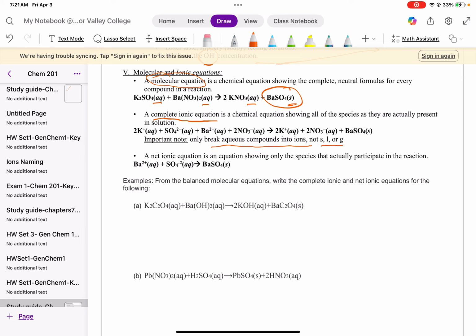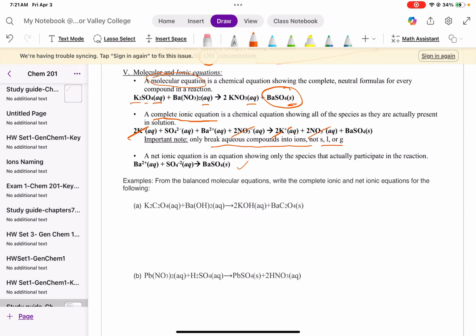So instead of writing K2, we write 2K plus, sulfate 2 minus, barium sulfate, and 2 nitrate instead of nitrate parentheses 2, and then similarly on the other side. If you notice, we can cancel out potassium and nitrate. So all we have left is just barium and sulfate. That's called a net ionic equation.